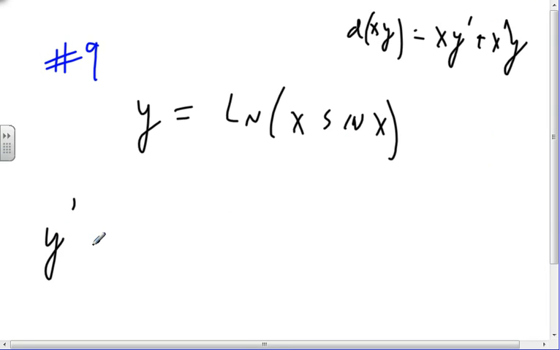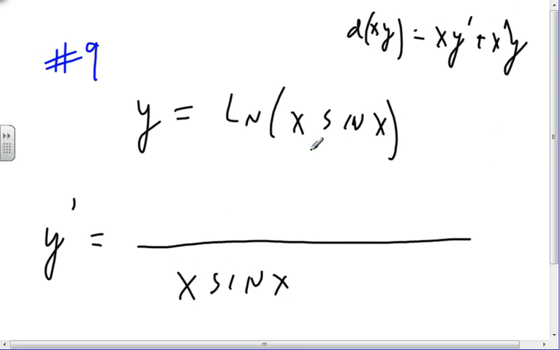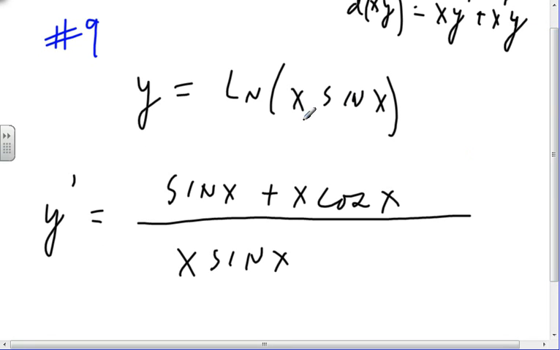So y prime equals, and on the bottom I've got x sine x, and on the top I'm going to take the derivative of x, so it's going to be sine x plus x cosine x. Good enough? Sine x on the bottom, x sine x all one thing, or can you cancel out the sine x's? You can't because it's addition on the top. Okay. I got an addition there, yeah.